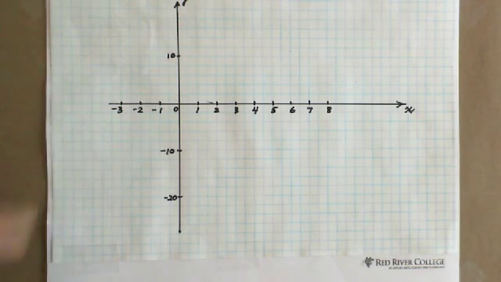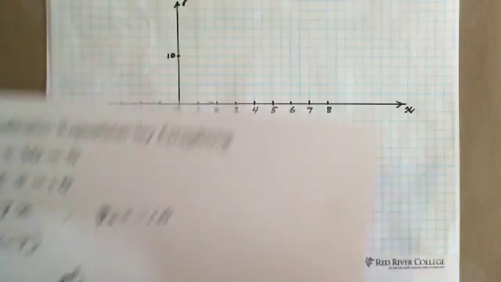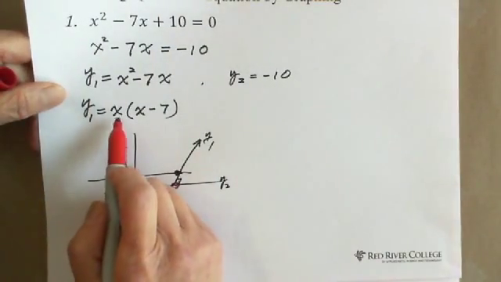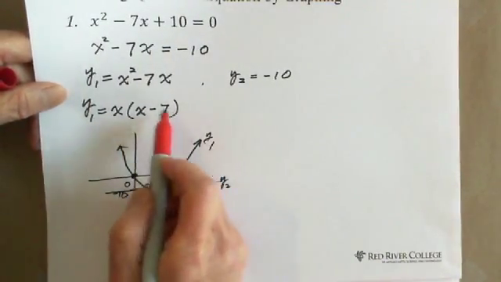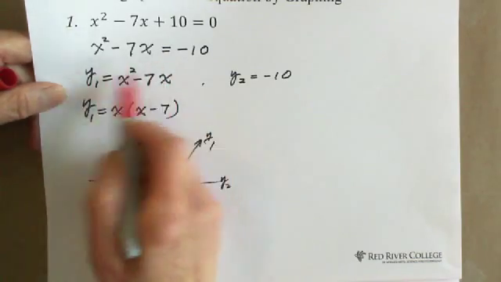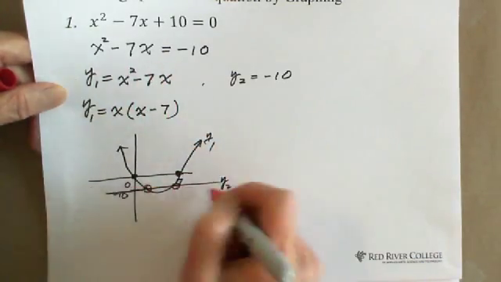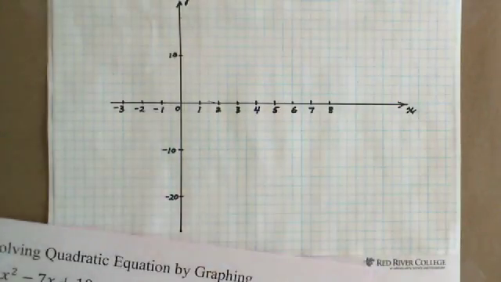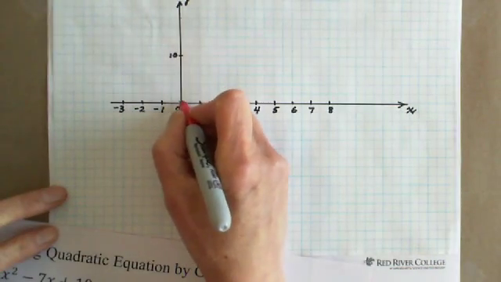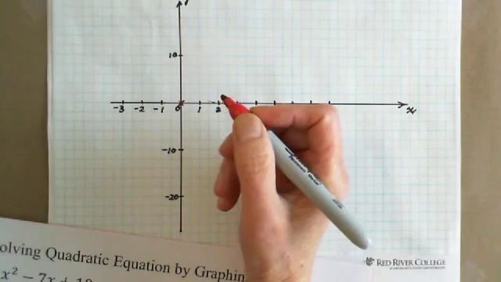I put the x, y axes and first graph y1 equals x times x minus 7. This is also a parabola, right? For this one, we can see that when x equals 0, y1 equals 0.